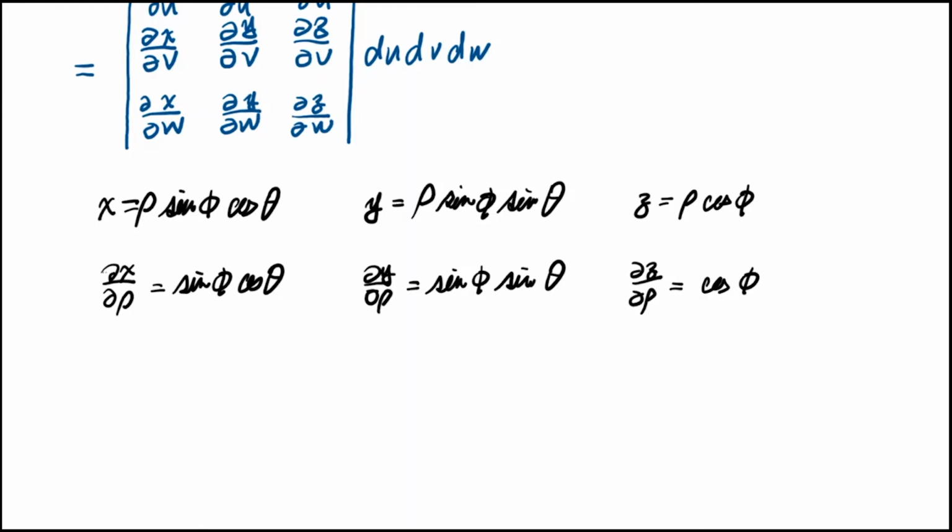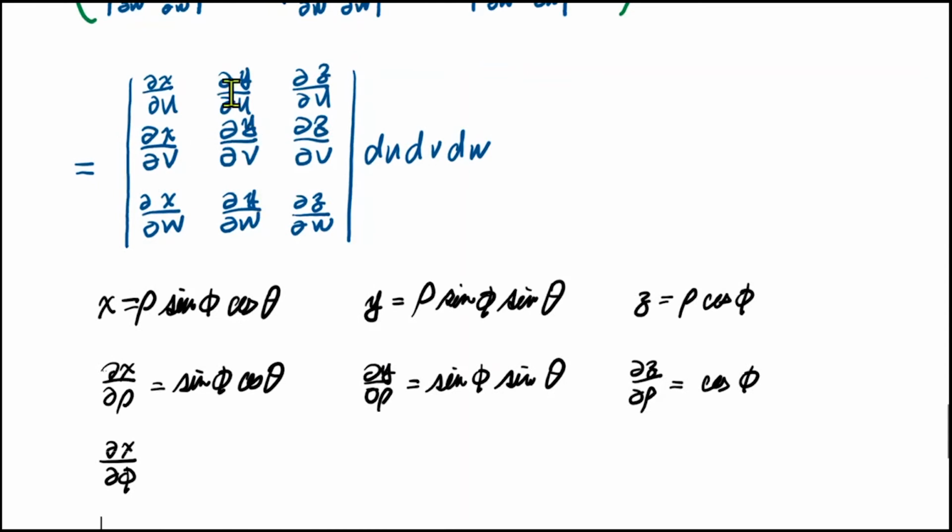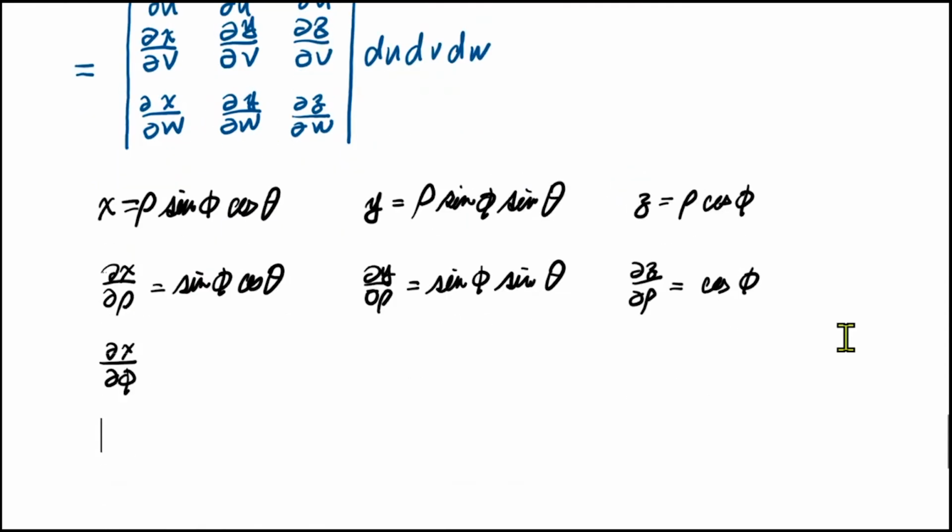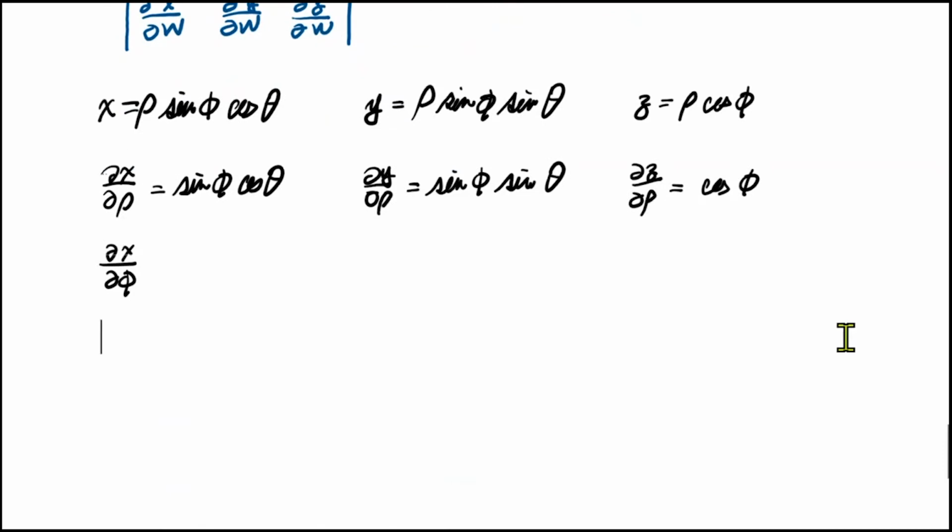Now I'm going to take partial with respect to phi. So partial x, partial phi. And the way I'm going to organize it is whatever goes in here, exactly in that order, so I don't have to rewrite this thing inside the determinant. I would just imagine the whole thing. Okay, this is then rho cosine phi cosine theta.